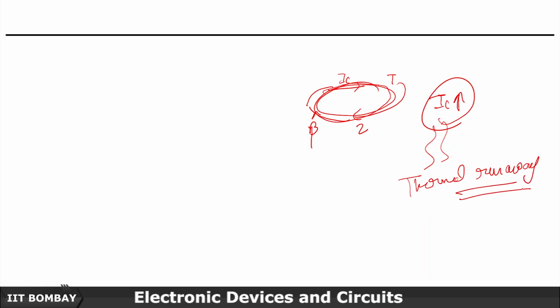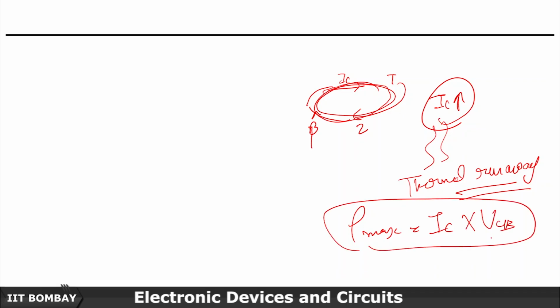So, that is not good, of course. So, the conclusion here is that we need to control the current, and we should know the P max, IC into VCB, or you can say V whatever, depending on that.